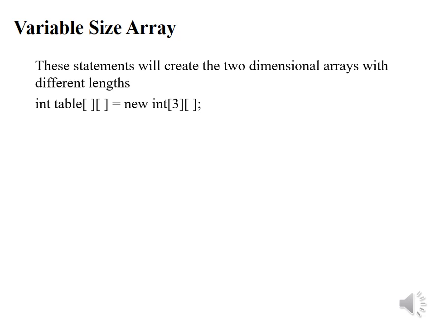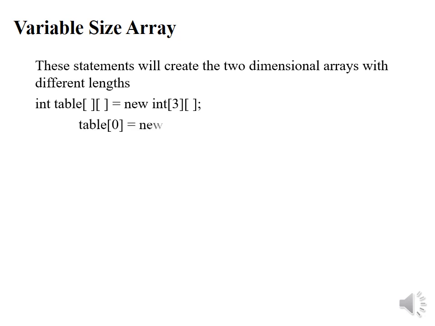Its data type is integer, but as I want to create it for variable length, I am initializing it with only the row number value. I am specifying only the row number as fixed. So new int 3 means the table array will have 3 rows. But the number of columns is not fixed, because for each row I want to allocate a different number of columns.